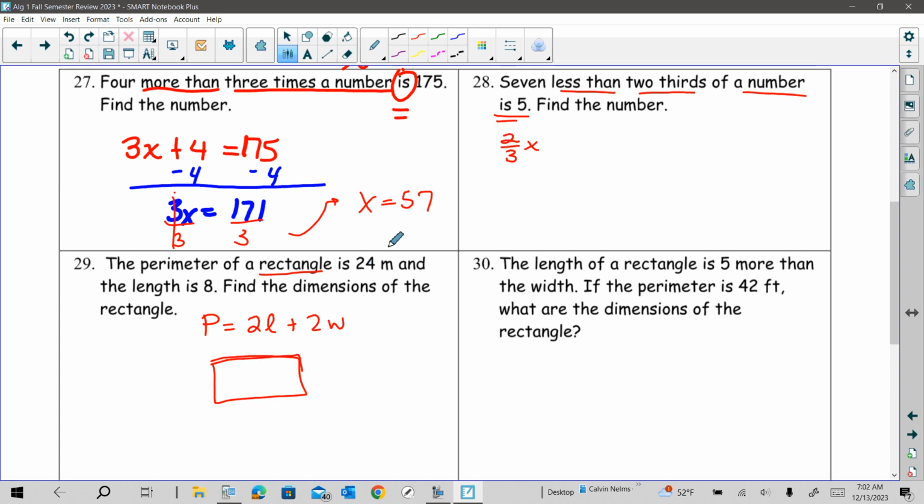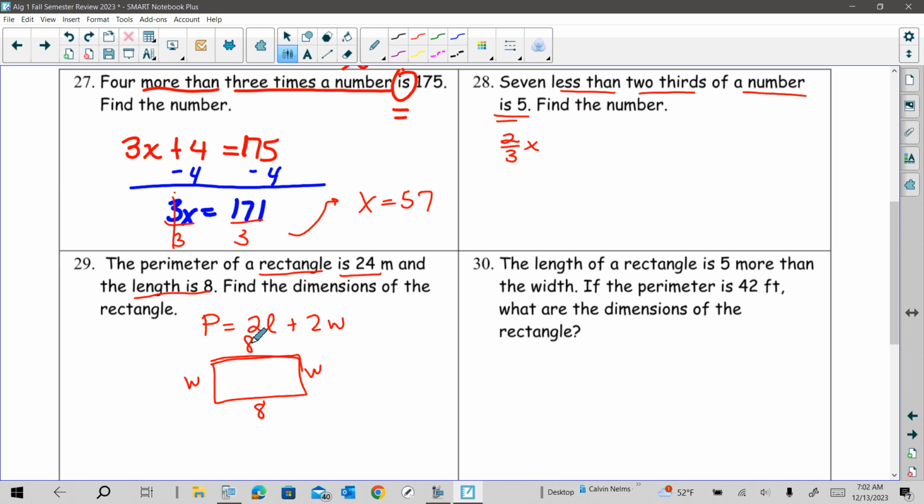They're telling us that our perimeter is 24, so that represents our P. But they tell us also that the length equals 8. They want us to find the dimension of the rectangle. That means they want us to find the length and the width. If I know this is 8, I'm missing my width. So I'm just going to put W here, and opposite sides in a rectangle are equal.